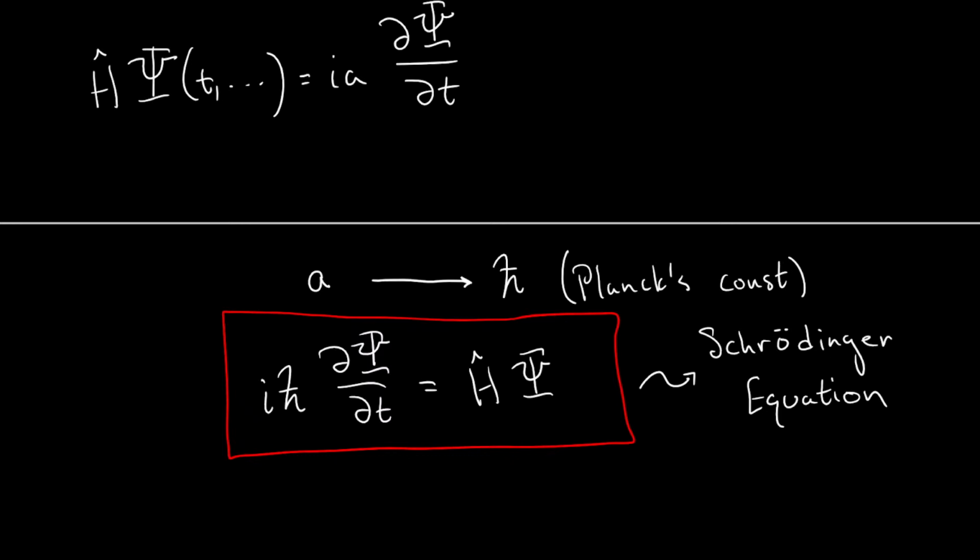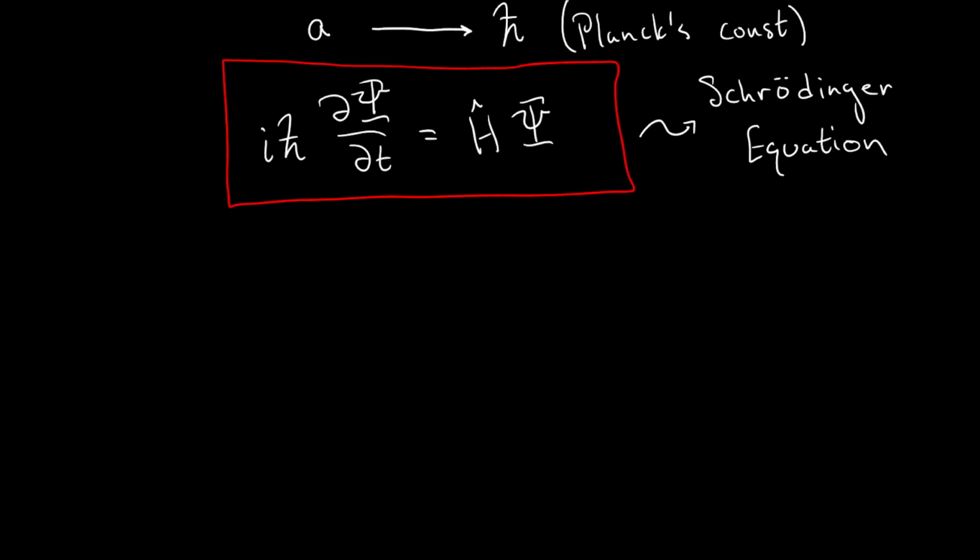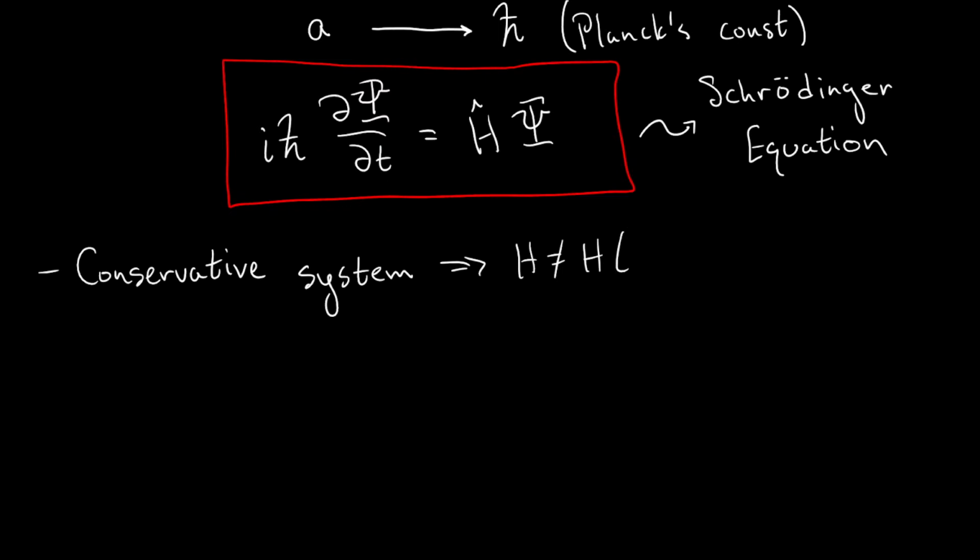And we can see this a little bit more explicitly by just solving Schrodinger's equation. So for a conservative system, we know that H is not an explicit function of time, which means that we can just, again, solve this equation.